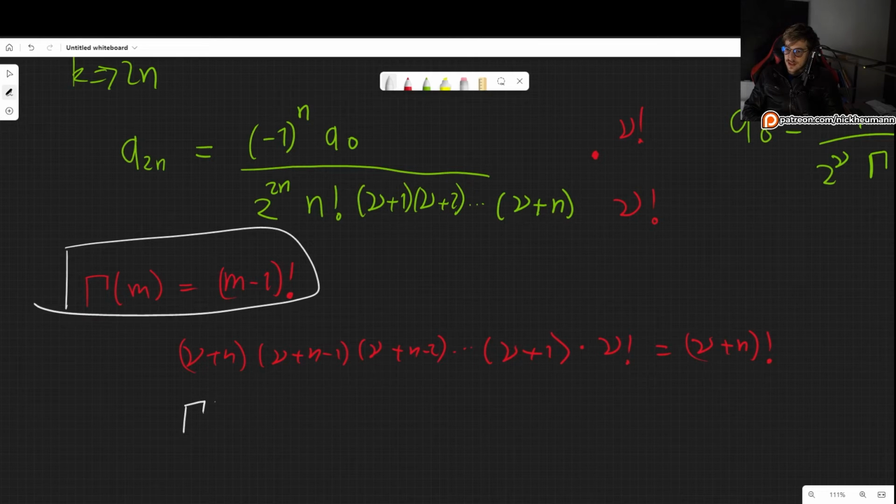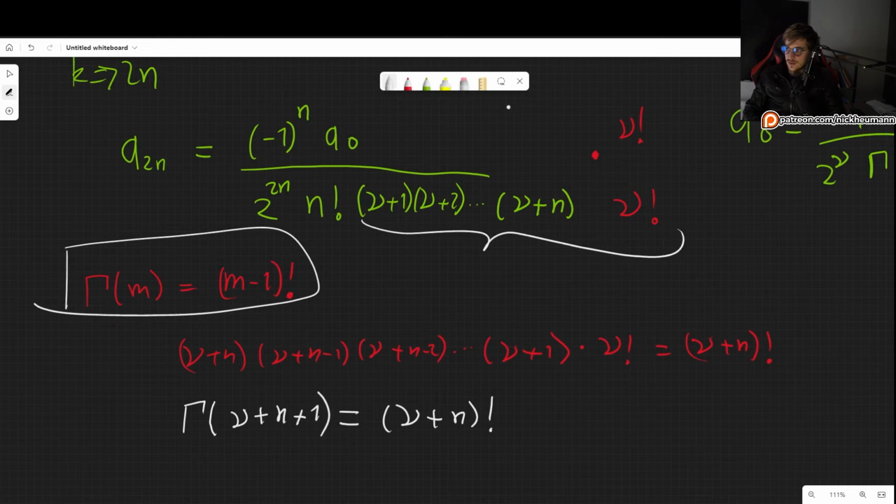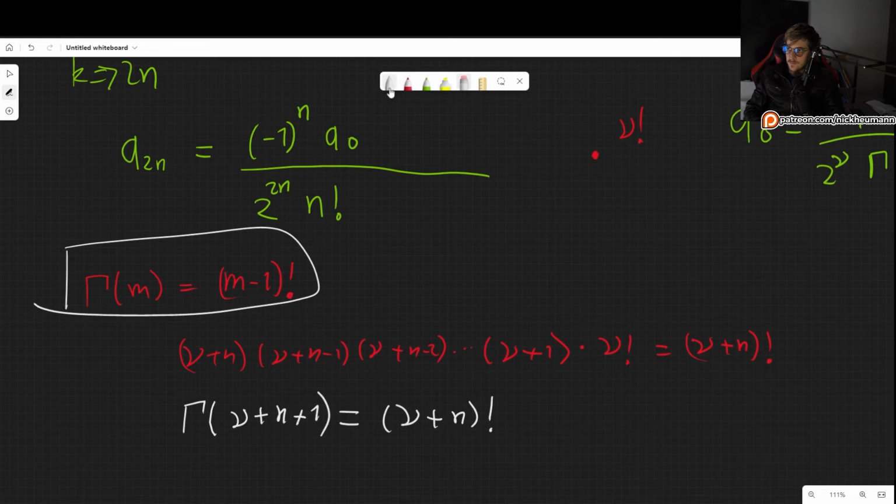So this is basically gamma of nu plus n plus 1, which is the same as the factorial of nu plus n. For that reason, we can now rewrite all of this as the gamma function of nu plus n plus 1.